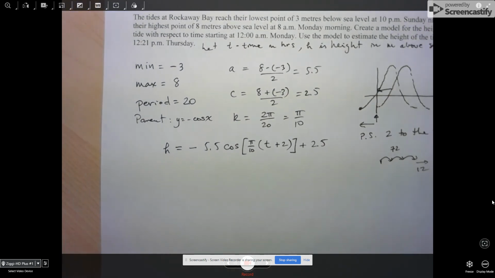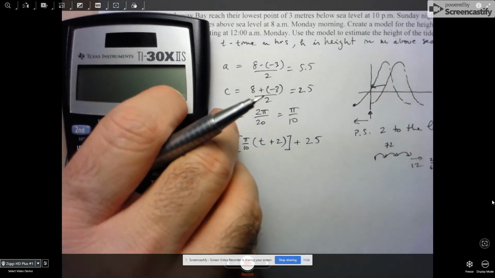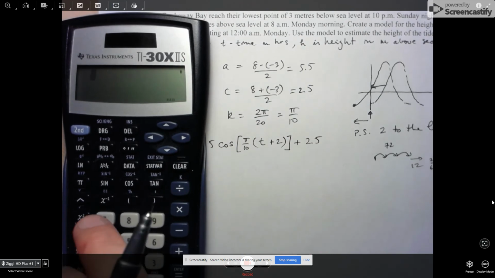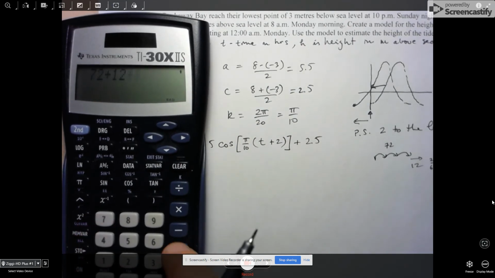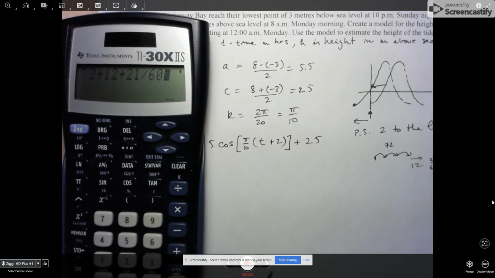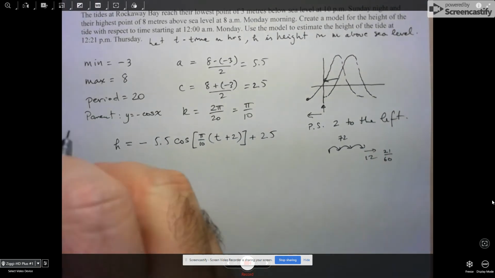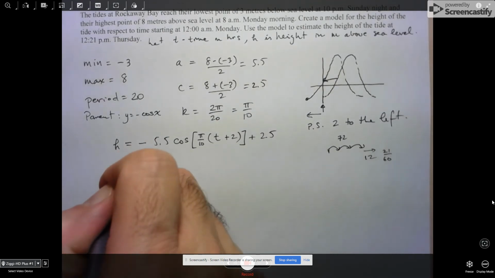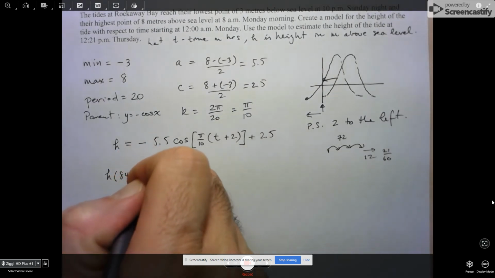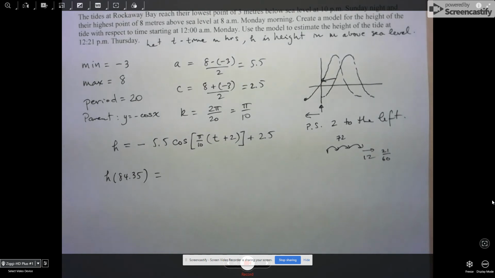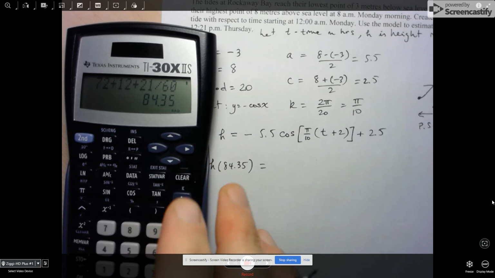So let's put that all together to get an approximation. Okay, so what do we have here? We have 72 plus 12 plus 21 over 60, and that gives me 84.35. Okay, so that means here, what I'm finding is h at 84.35. So let's just stick that in our calculator.